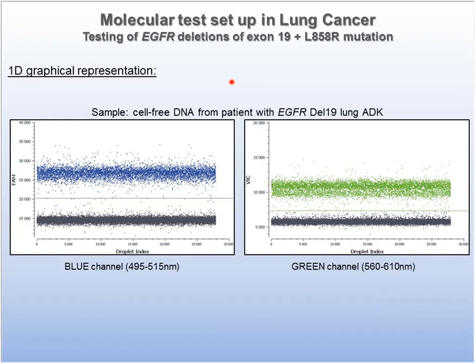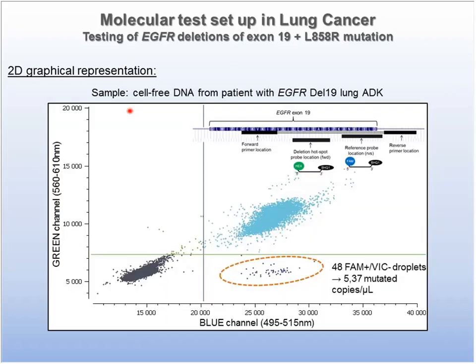So here is an example in a one-dimensional chart for a sample which was analyzed for EGFR. And you see that in this example, it's not possible to identify the deletion, but by using 2-dimensional charts, combining the green channel and the blue channel, we can visualize the deletion.